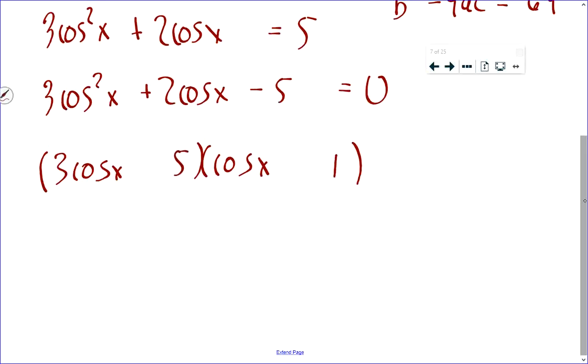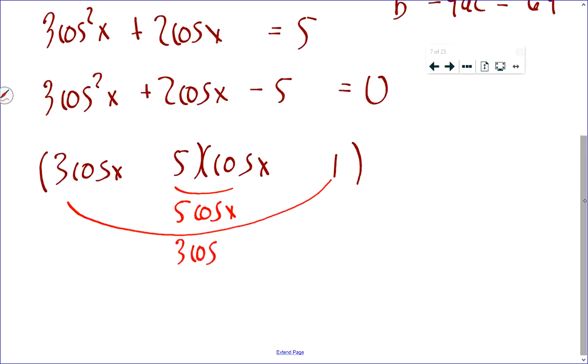The 1 will go here. My inner is 5 cos x. My outer is 3 cos x. So what do I need? I need positive 2. That means the 5 has to be positive and the 3 has to be negative. So where did the 3 come from? It came from the 1 times the 3 cos. So this has to be minus, this has to be plus.